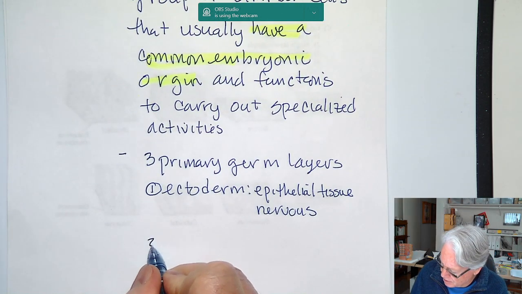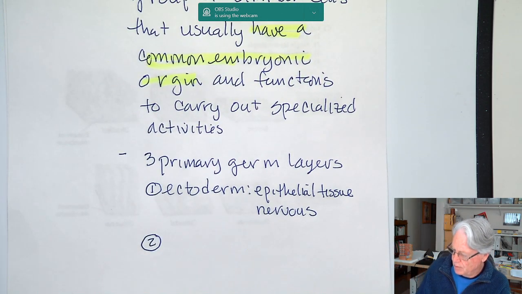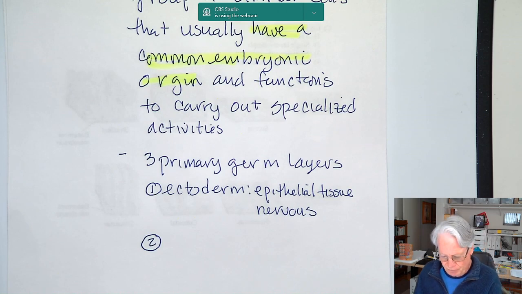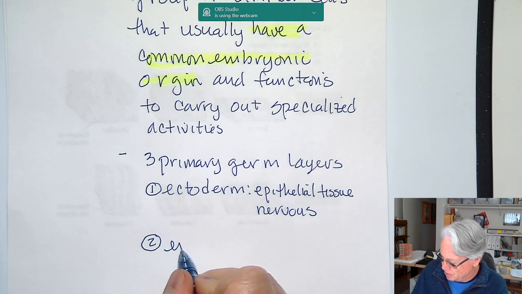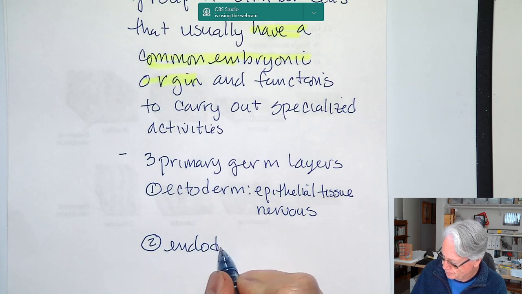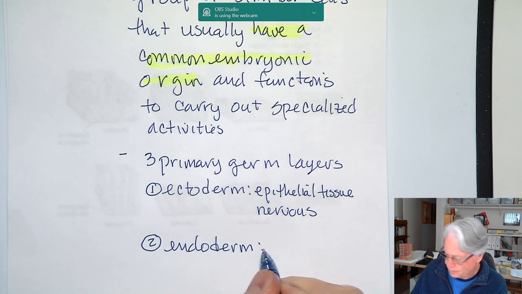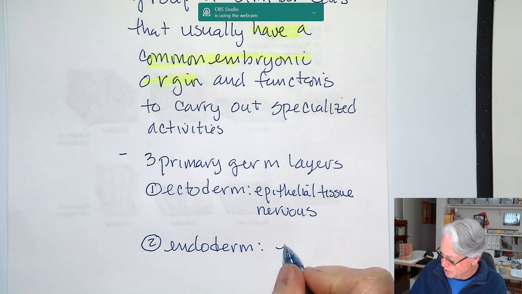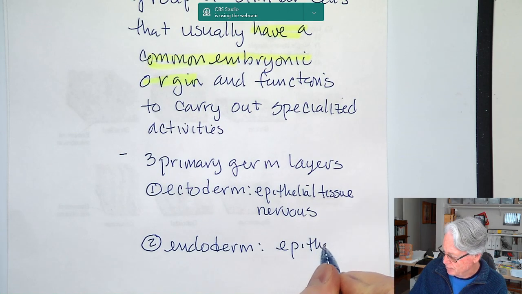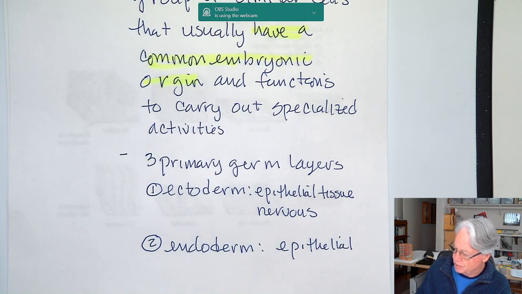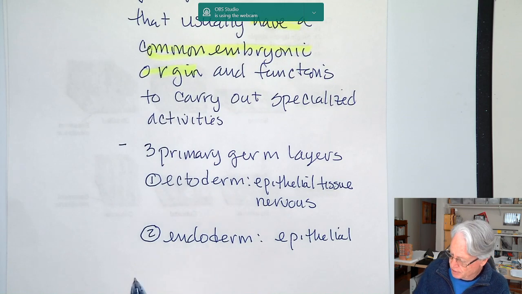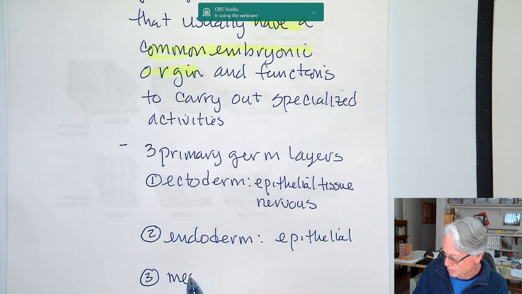A second primary germ layer is going to be called the endoderm. And this is going to give rise to epithelial tissue. The third and last germinal layer is the mesoderm.